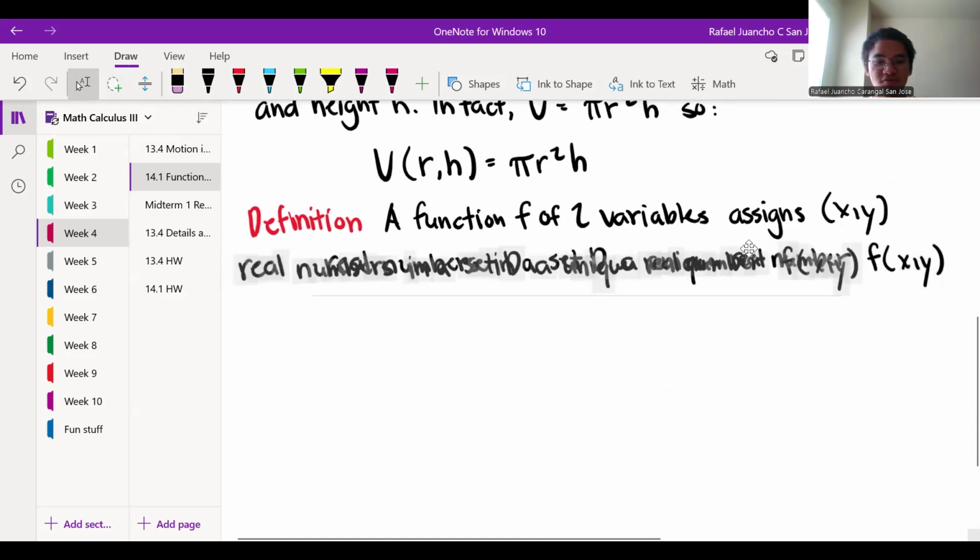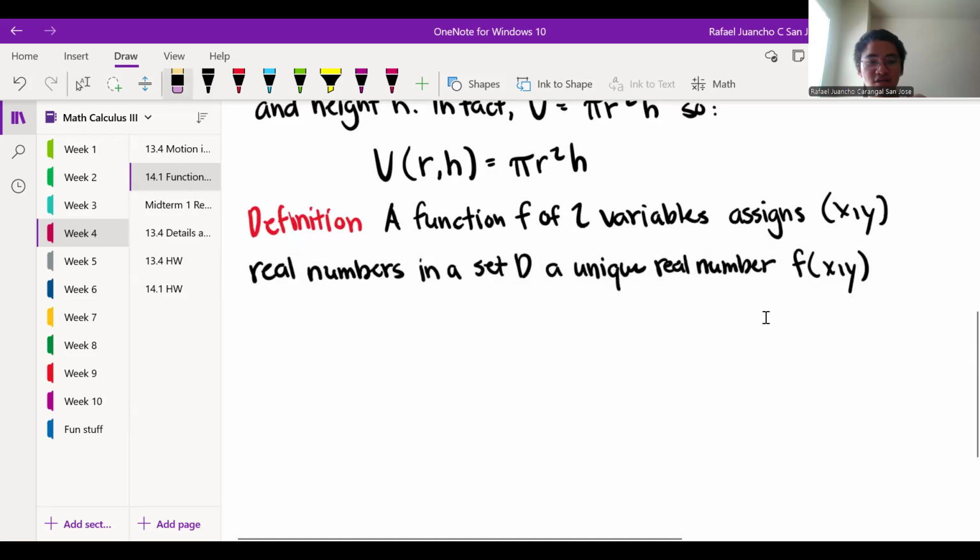It's similar to a function wherein I'm treating it as if it was a single variable function. Okay, maybe let's add this. So we're saying the set. Here we just named the set D. Could be any name though.